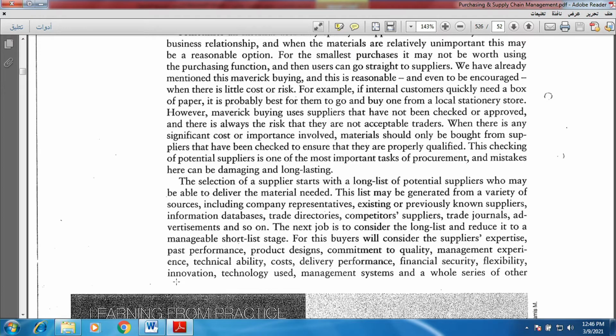Lots of things we need to assess quickly to get the short list from the long list.